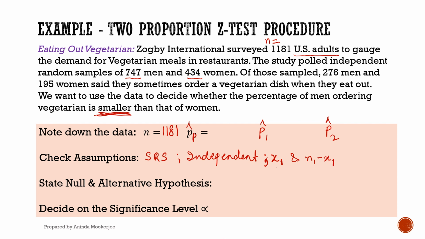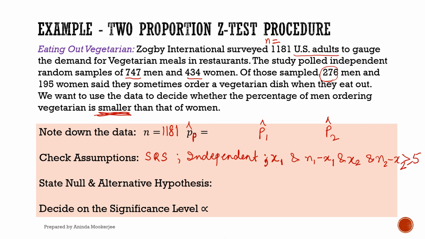So x sub 1 is 276 men, and n sub 1 minus x sub 1 is 747 minus 276, and x sub 2 and n sub 2 minus x sub 2, they should all be greater than or equal to 5, which clearly they are. So it meets all the assumptions.